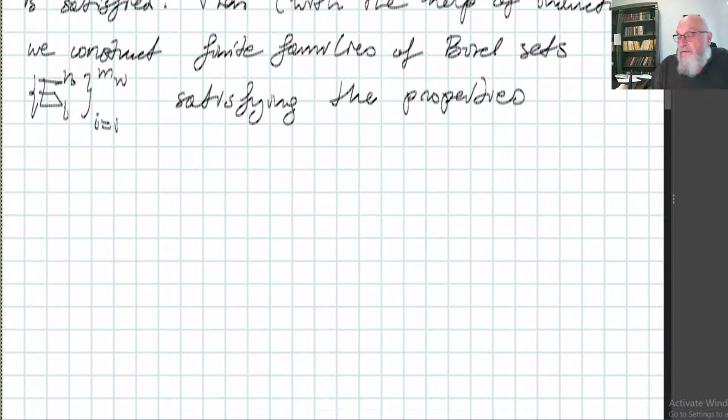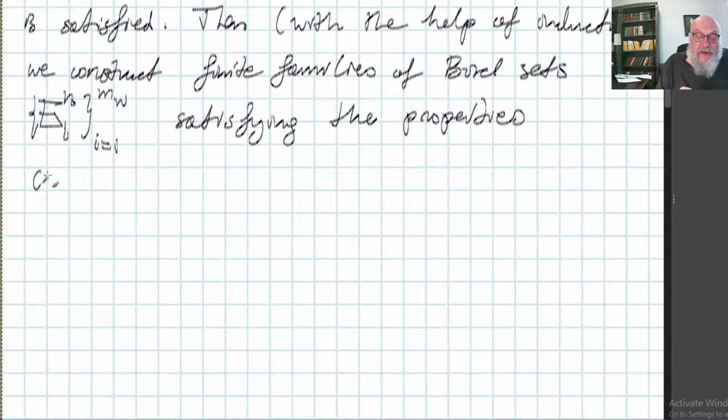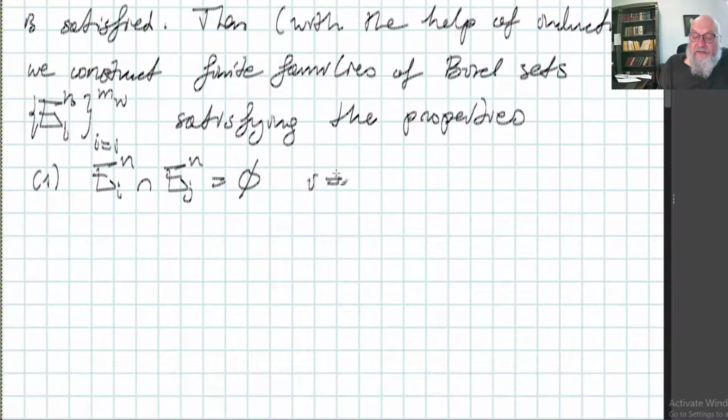So what are these properties? Number 1: these are disjoint sets, E_i^n intersection E_j^n is the empty set if i is different than j.